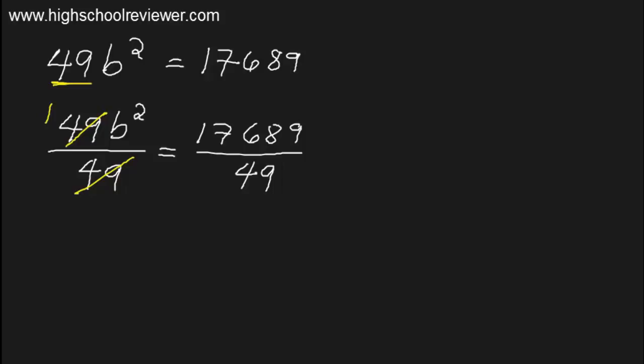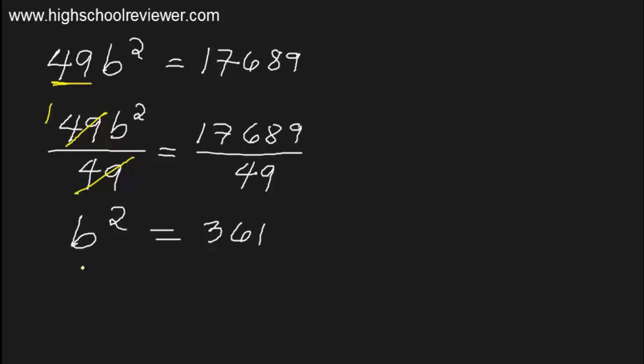So what will be left on the left side will be b squared. And then we have 17,689 divided by 49. That will give us 361. To find b, we need to extract the square root of both sides of the equation.